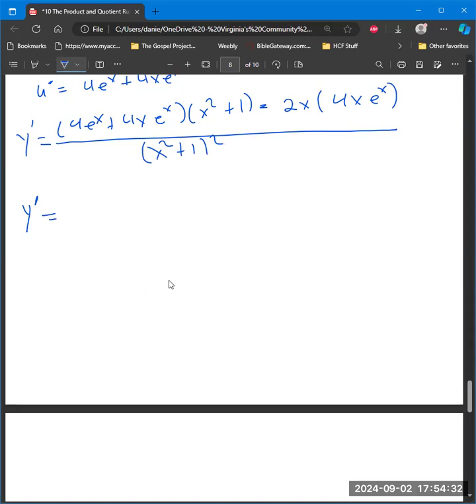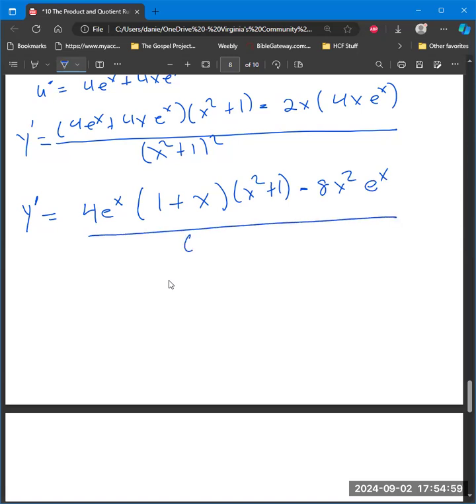Looks like I have a 4x or a 4e to the x that can come out here. That leaves me with 1 plus x squared plus 1. I'll combine those in just a second. Minus, and this is an 8x squared, e to the x over here, for x squared plus 1 squared.